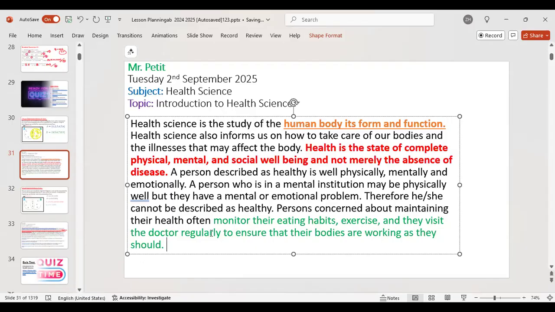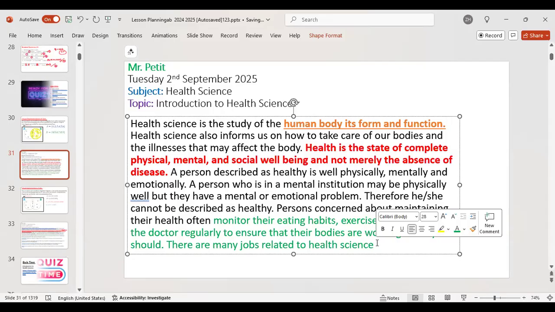Okay. Now there are many jobs related to healthcare. There are many jobs related to health science. And I think I need more people to be interested in working in health science.